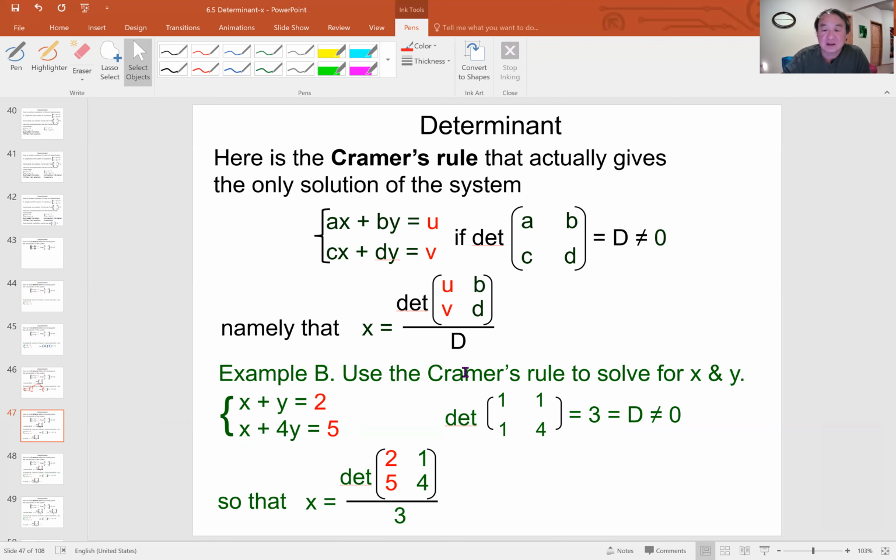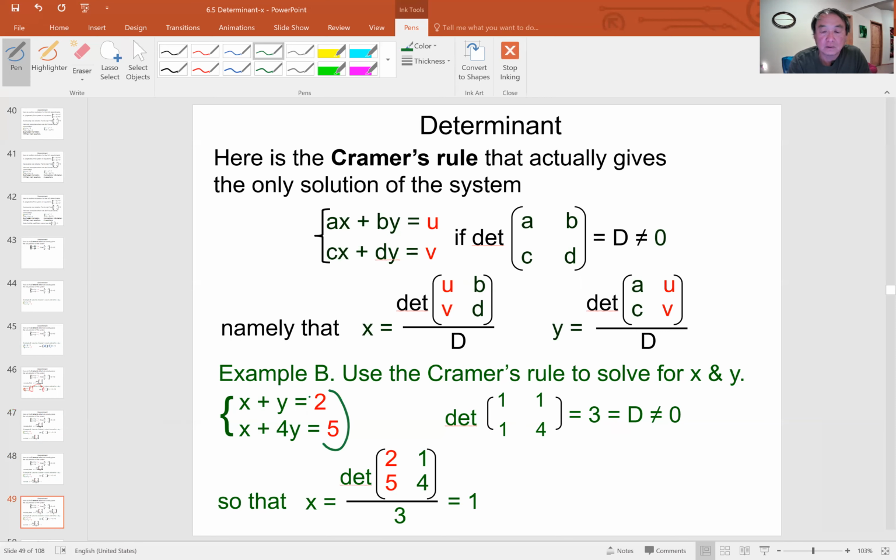And so this is just mechanics. It works out, and you can almost look at the formulas and get answers. Similarly for Y, you do the same thing, except you put the 2, 5, the constant terms, over here in the second position, for the Y column.